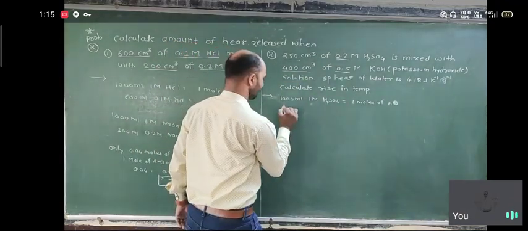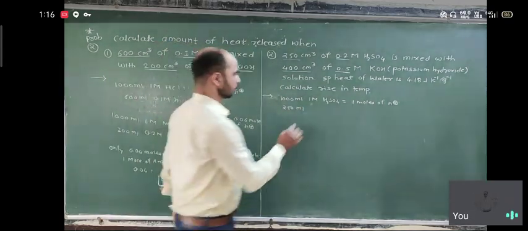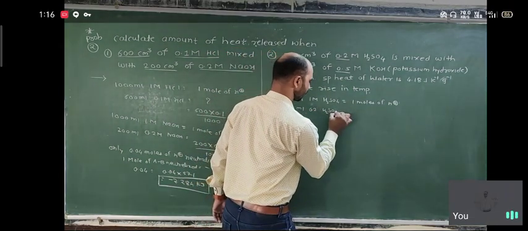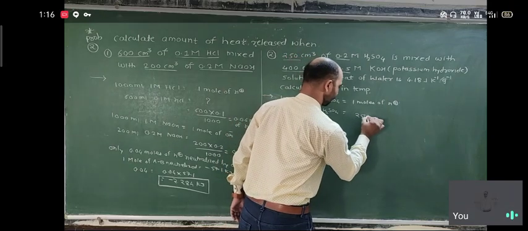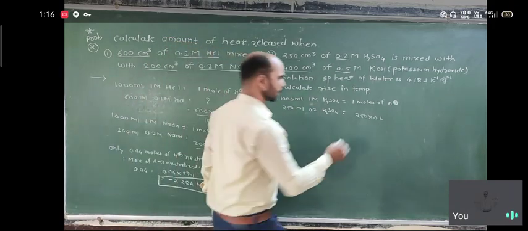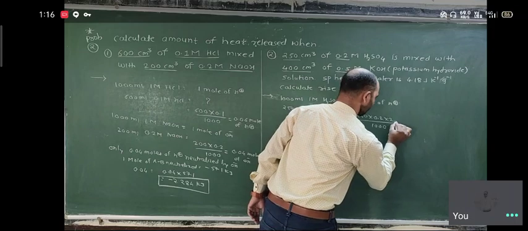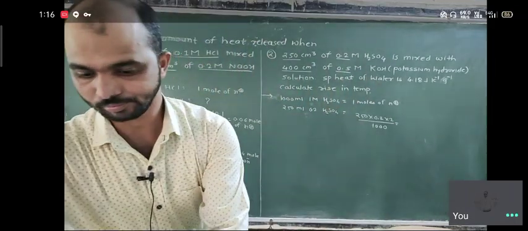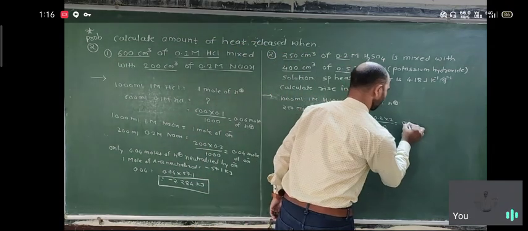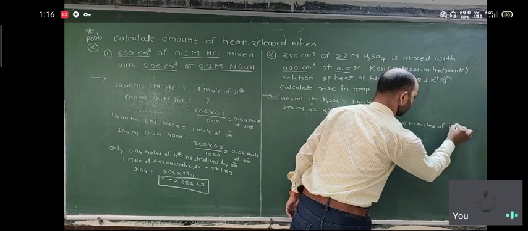Here it is 250 ml and the concentration is 0.2, so 250 into 0.2 divided by 1000, and since it is dibasic, we multiply by 2. The answer is 0.10 moles of H plus.